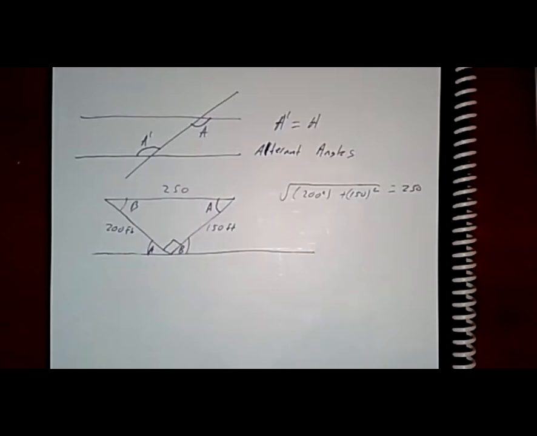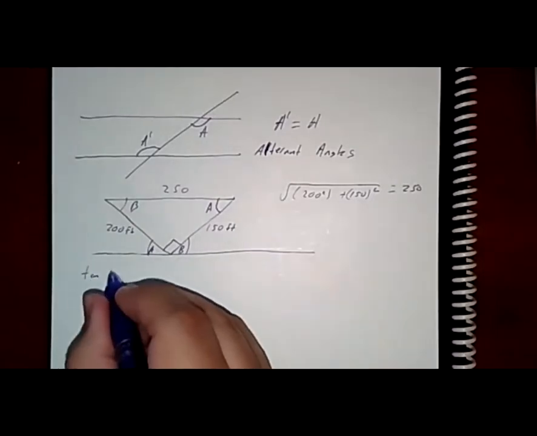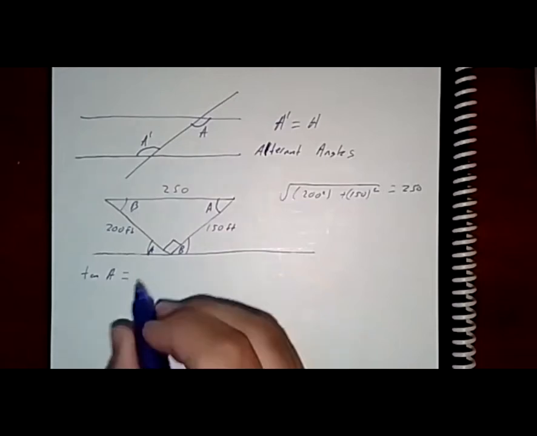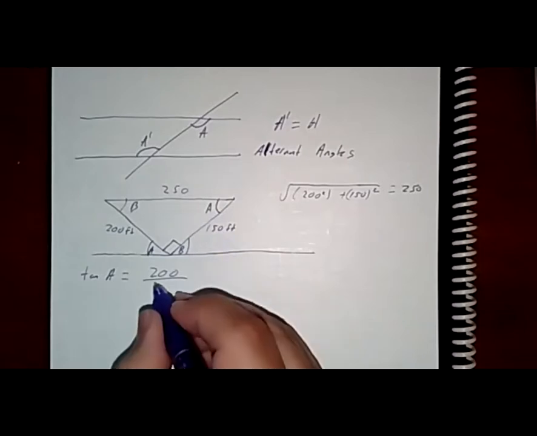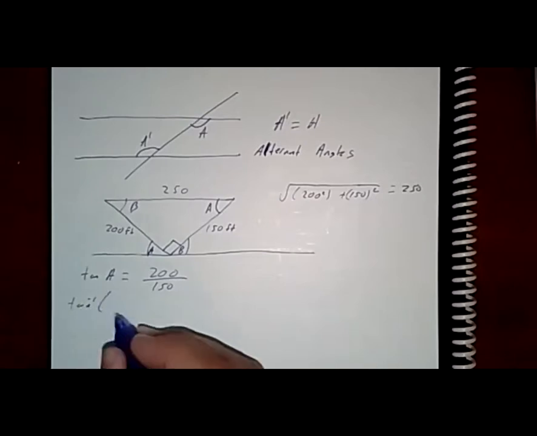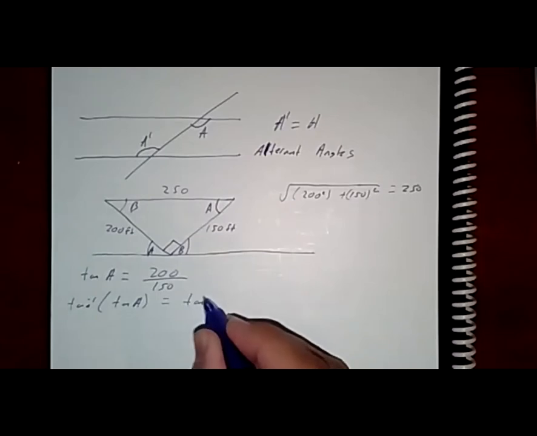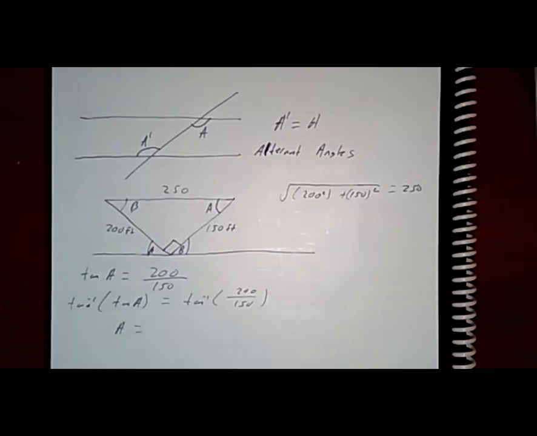Okay. So we can do tangent of A, that would be equal to the opposite over adjacent, right? So take tan inverse of both sides to solve for A. So A is equal to this right here.